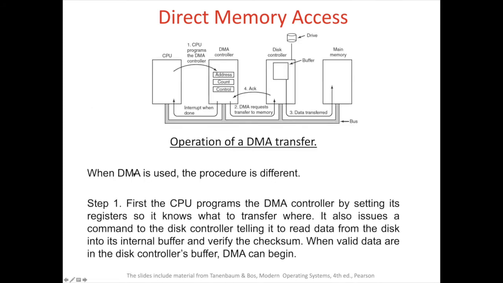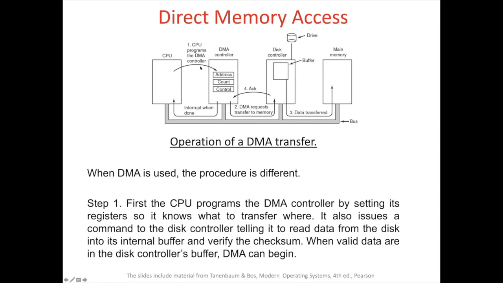However, when DMA is used, the procedure is different. Notice that here we have the CPU, we have the DMA controller, this controller for which we have a buffer, and we have a disk drive. And also here is the main memory. The bus is shown here.